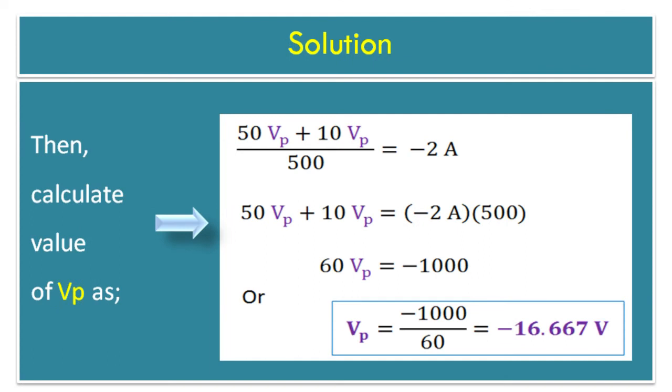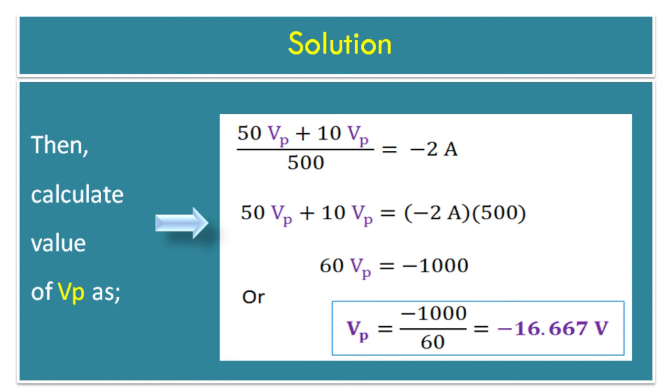By making the denominator common, the equation becomes 50 VP plus 10 VP is equal to minus 2 ampere into 500, or 60 VP is equal to minus 1000, which gives VP is equal to minus 1000 divided by 60, which is equal to minus 16.667 volt.